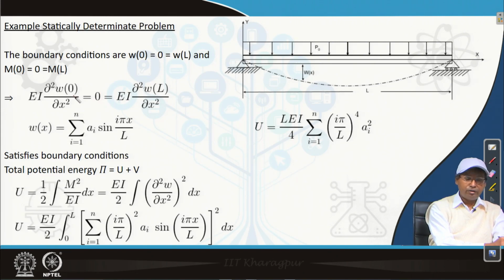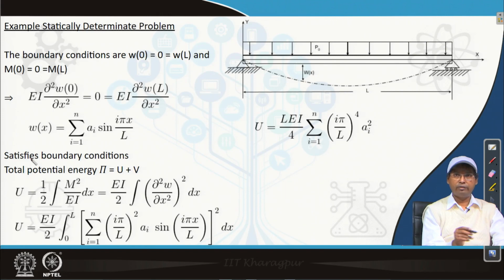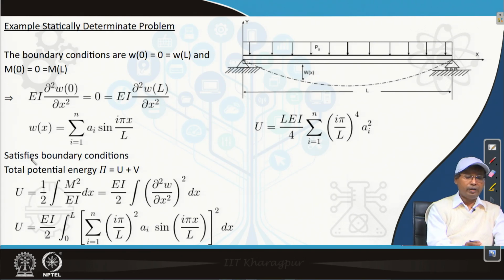So, we need to assume W such that it satisfies all these 4 boundary conditions, these 2 as well as these 2. Now, assuming it requires some experience. Do not think that it may be assumed with 2 days practice, it may take maybe 1 year's experience of solving problems. So, the displacement function is assumed as W x equals summation of I equals 1 to n A I sin I pi x by L. Okay.